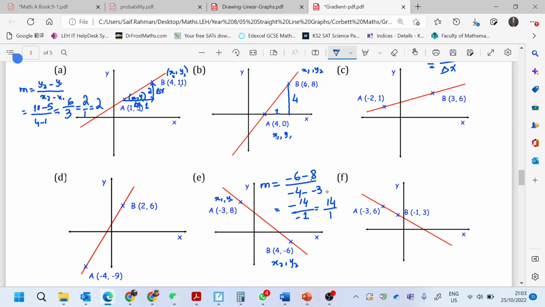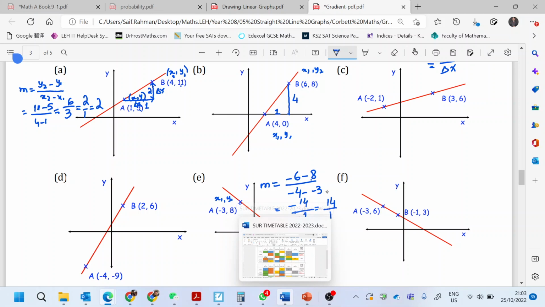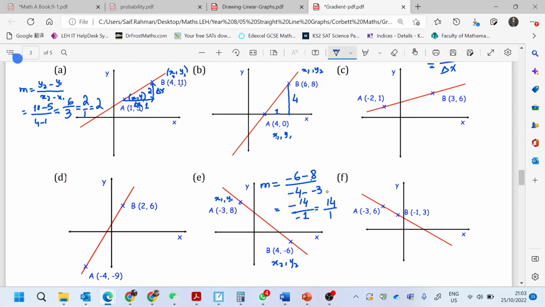But on this line, it should give a negative gradient. Why does it give a positive gradient? Yes, this is the mistake which we have made.